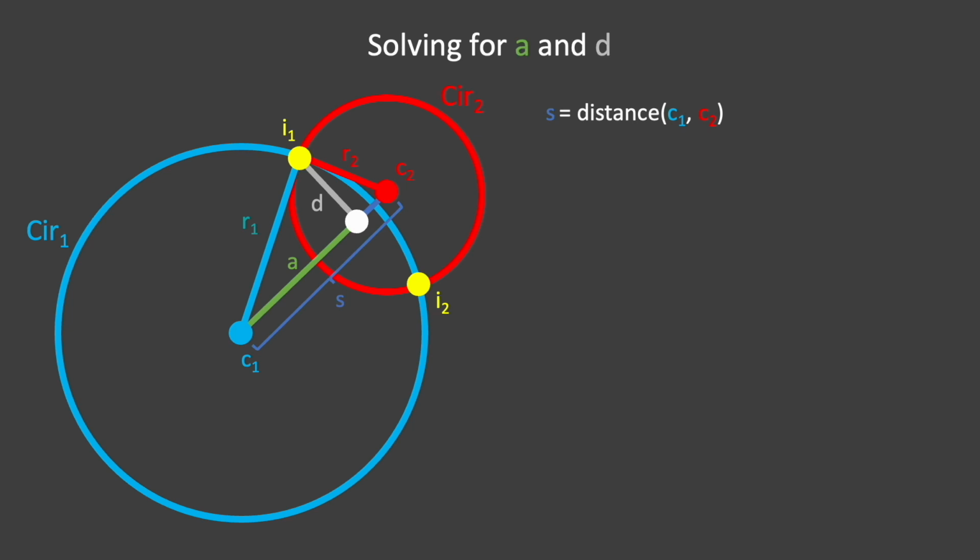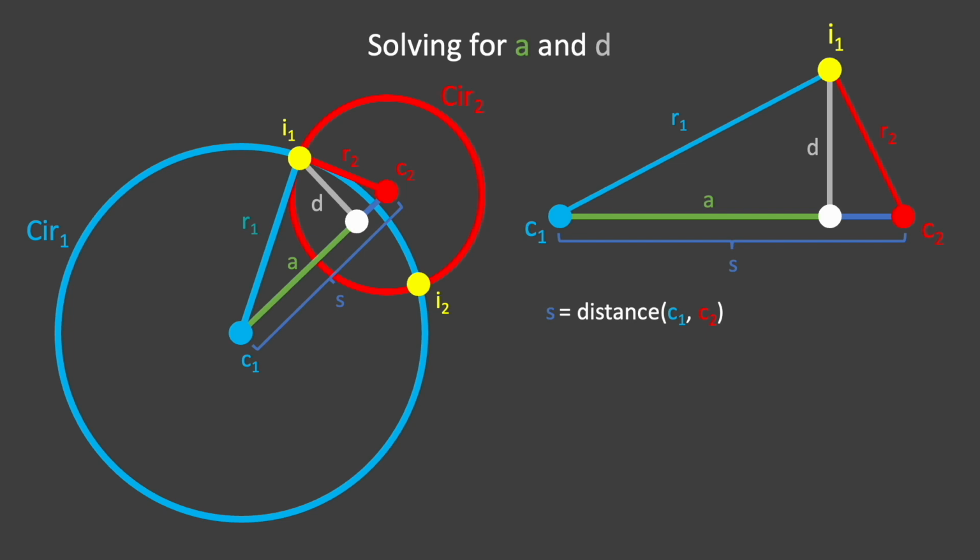So we can draw out the triangle C1, C2, I1, which we've done here. And by the Pythagorean theorem, remember that the line segment from I1 to this white point is perpendicular to C1, C2. And so that means that R1 squared is equal to D squared plus A squared, and similarly R2 squared is equal to D squared plus the quantity S minus A, whole squared.